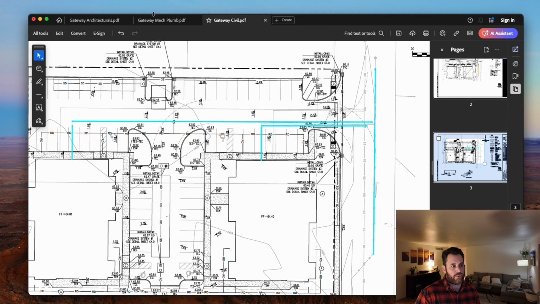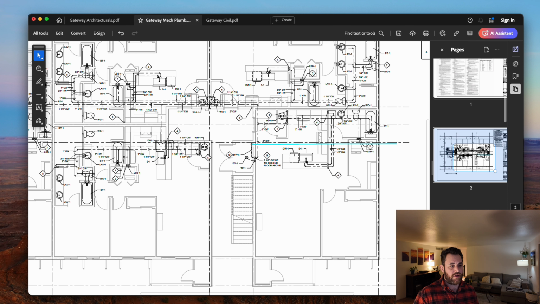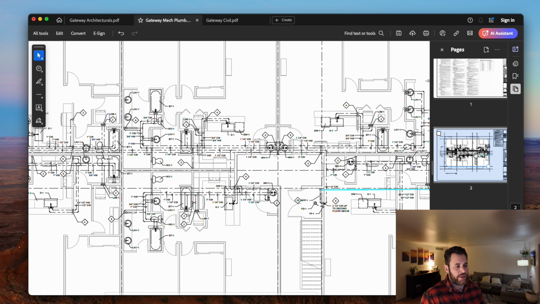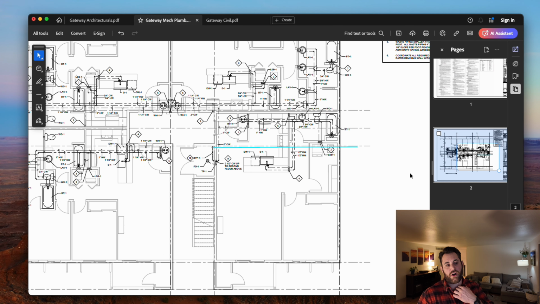We know where the water comes into the building, so we can go to our mechanical sheets and understand more of what the plan was by the design group. So in the plumbing sheets, we want to verify first we're on the main floor domestic water plan, P101. And we're going to go up here and verify our orientation, right?